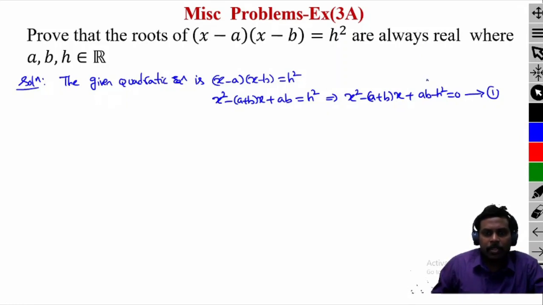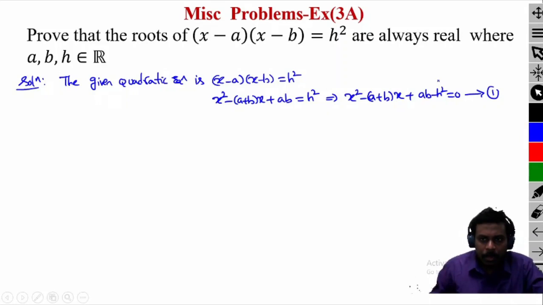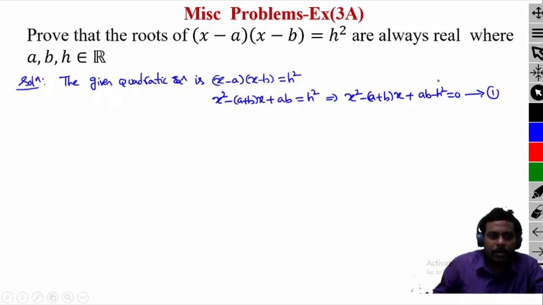Because only in these two cases, either delta is equal to 0 or delta is greater than 0, are the roots real. In the first case, it is real and equal. In the second case, it is real and distinct. In any case, these two cases can be put together as discriminant delta is greater than or equal to 0. Now if delta is less than 0, the roots are going to be complex numbers. Now let us find the discriminant of equation 1.